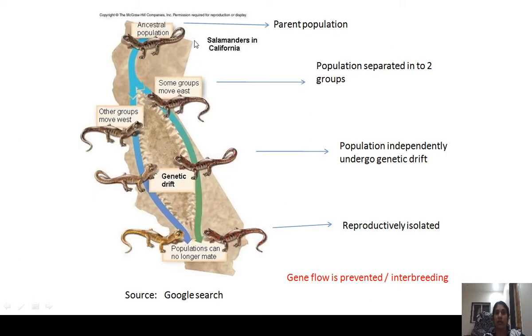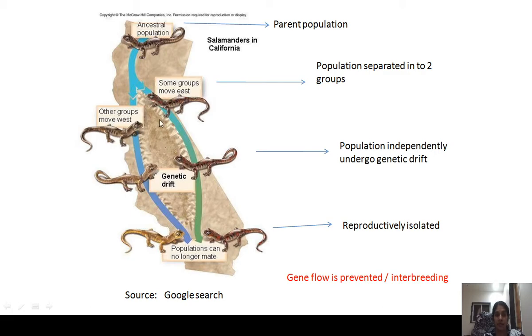Here we took the example of salamanders in California. So this is the parent population. When the population came across the geographical barrier, it was divided into two populations, that is the parent population and the isolated population.